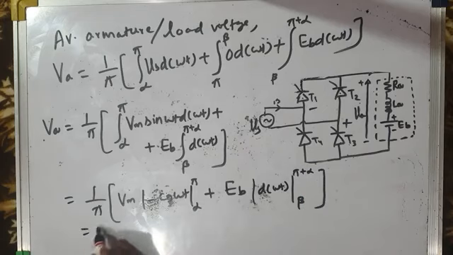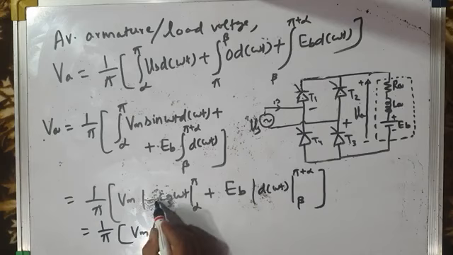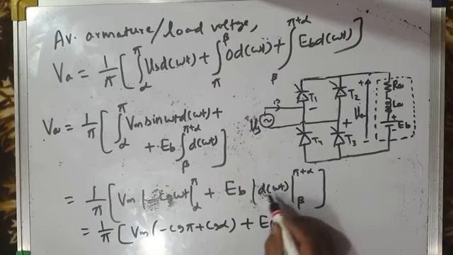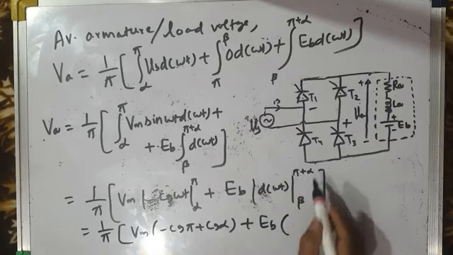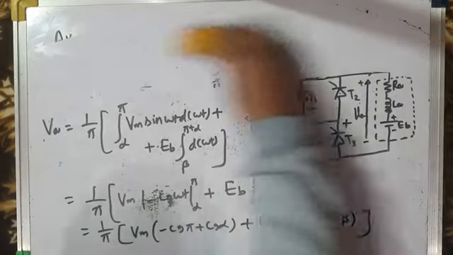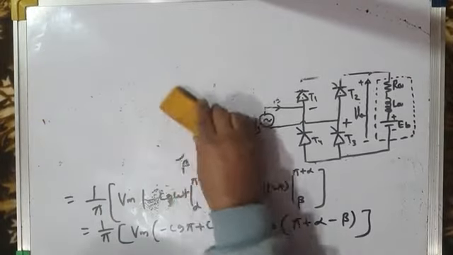So this is 1 by pi into Vm times minus cos pi minus cos alpha, plus EB times pi plus alpha minus beta.